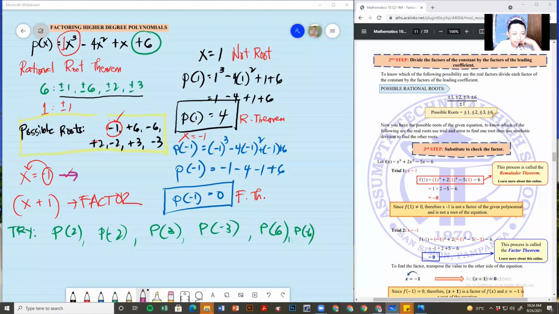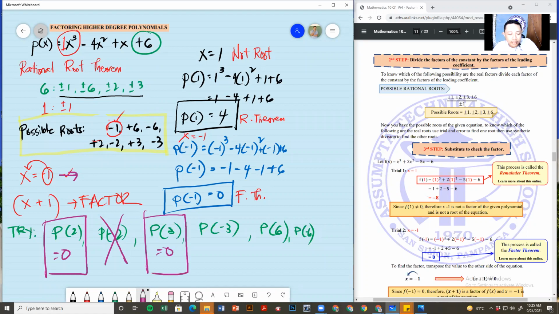And so when we solve this, P of 2, this will be equal to 0. This will not be equal to 0. This will be equal to 0. And as soon as you got the third, kasi it has only 3 degree.